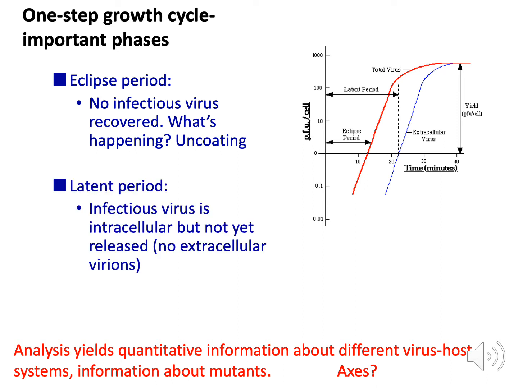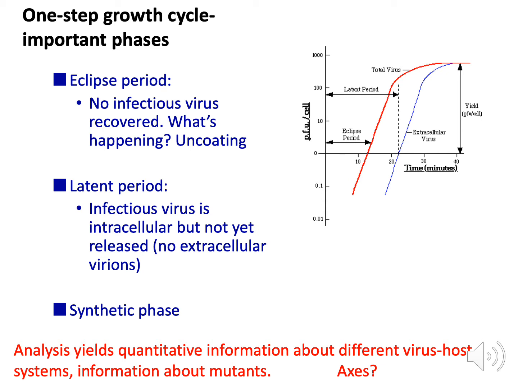The next phase is referred to as the latent phase, where infectious virus can be recovered, but it's only inside the cell. It's not yet released, and that's why you see the gap between the red curve and the blue curve. And then the synthetic phase, as the virus yield increases and virus is evident extracellularly.